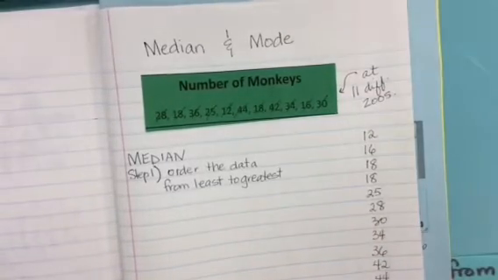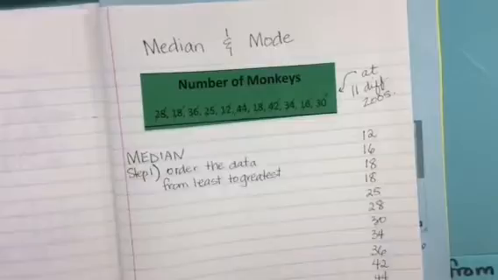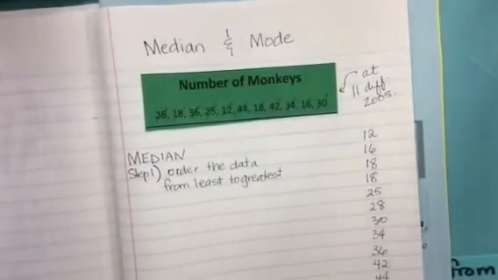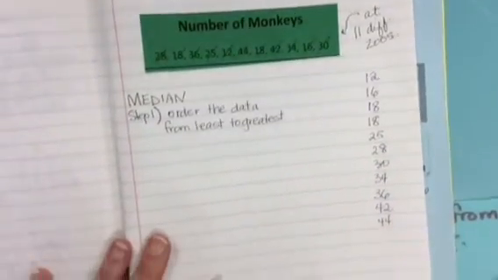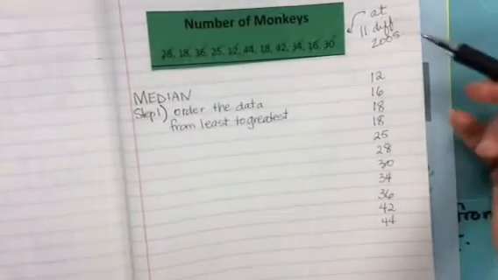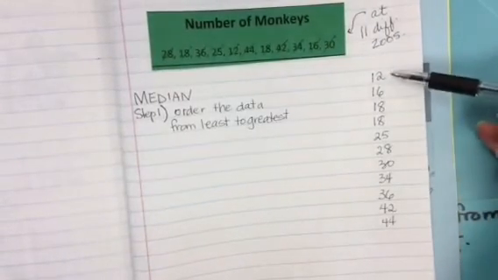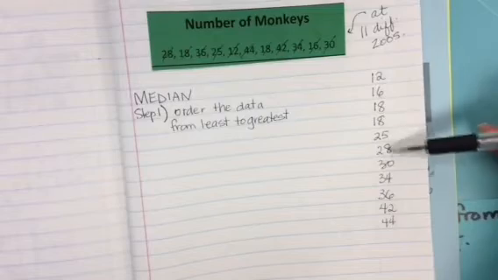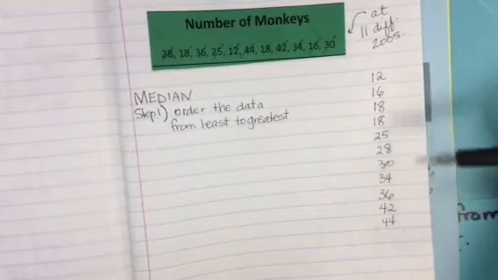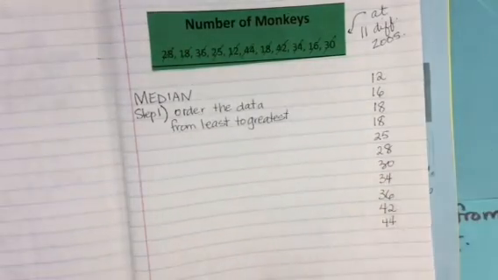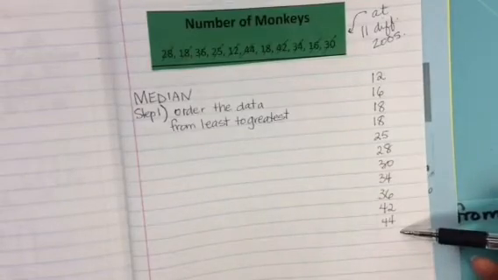Okay, I have all my 11 numbers listed. I always double check. Let's count to make sure I have all 11. 1, 2, 3, 4, 5, 6, 7, 8, 9, 10, 11. And I have them all crossed out. So I've ordered my data least to greatest.